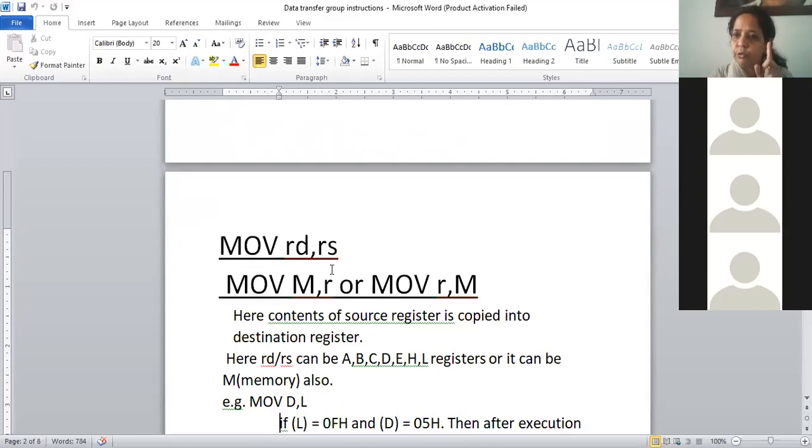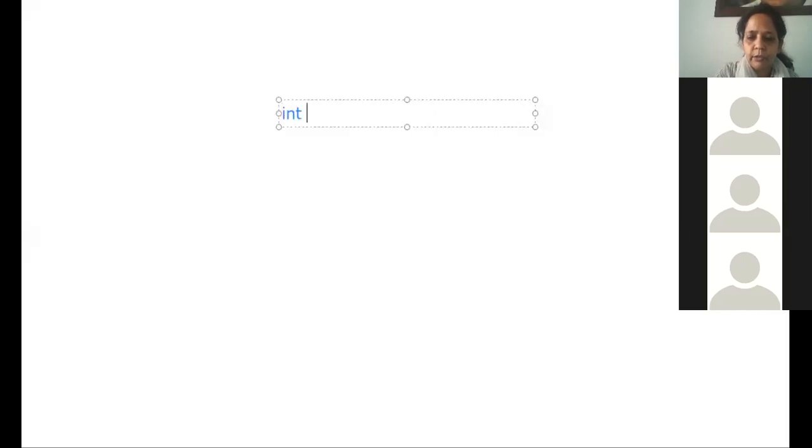In C++, you use the pointer, right? If you remember, you write int star ptr. What is the meaning of this integer star, for example, p? This is how you have written it. That is, p is a pointer whose contents are of type integer. So p is always pointing to the address of the memory location.